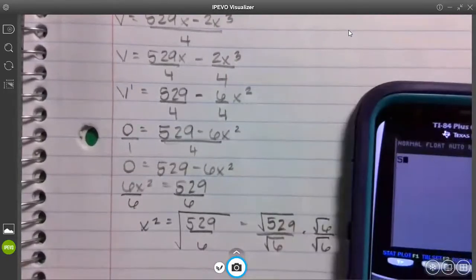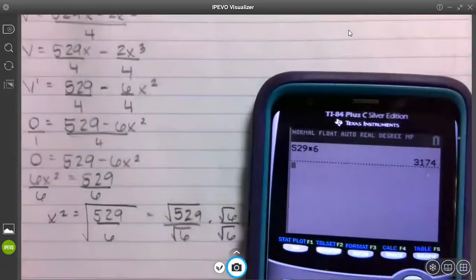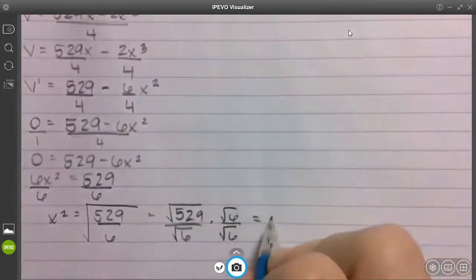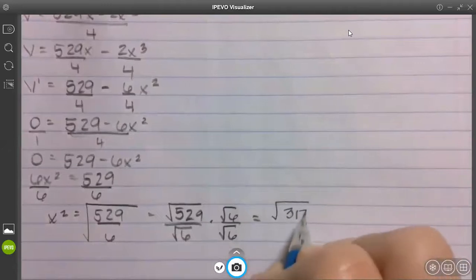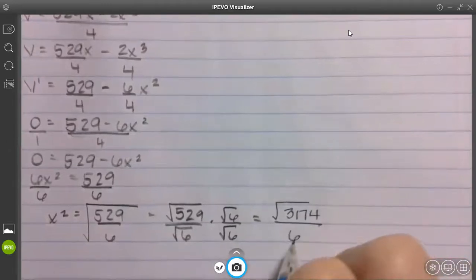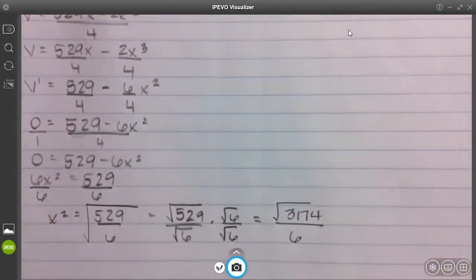So I'm going to do 529 times 6, which is 3174. Goes under the square root. And then we have 6 on the bottom, so you guys can see that there's 6s and 3s in your denominators for your answers. And then we need to figure out how to simplify that.